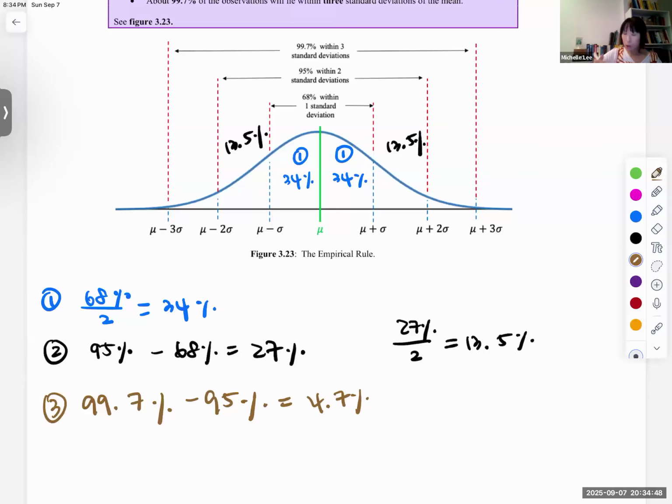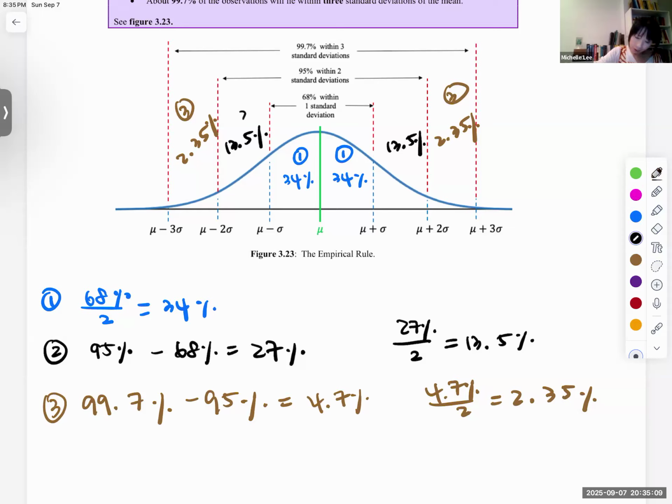What do you have? 2.35%, sorry. So that would be 2.35% and 2.35%. So that's number three. That's how we get each segment percentage.